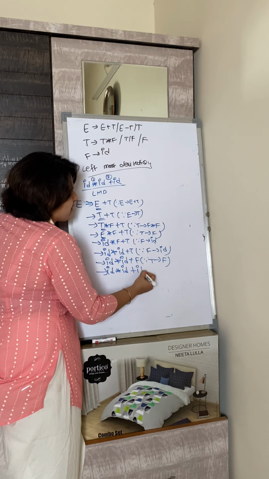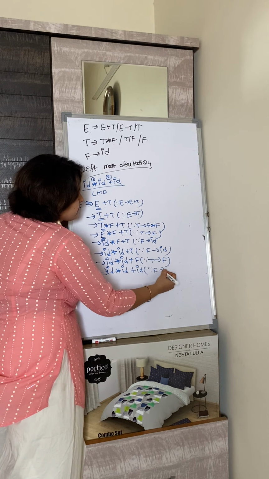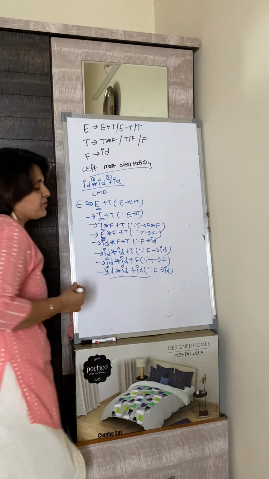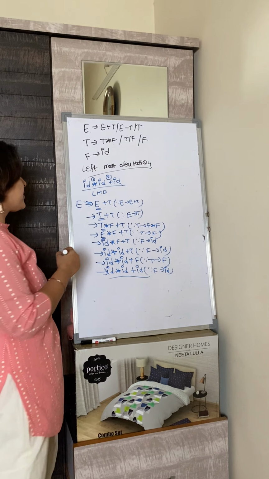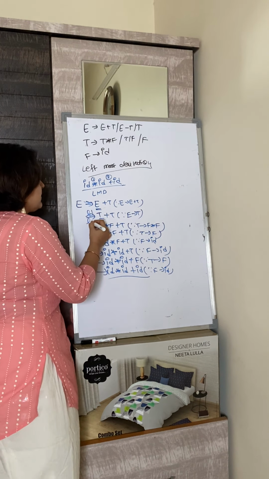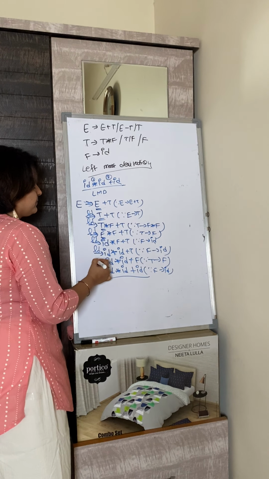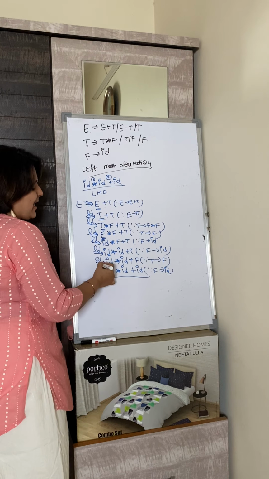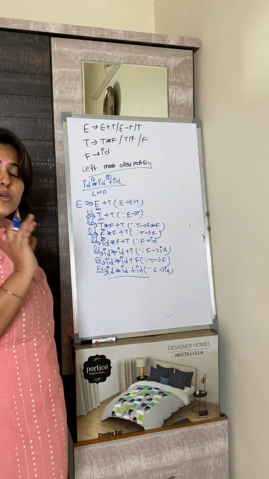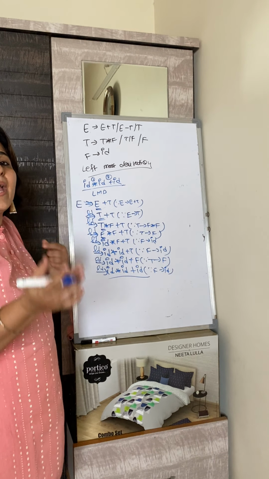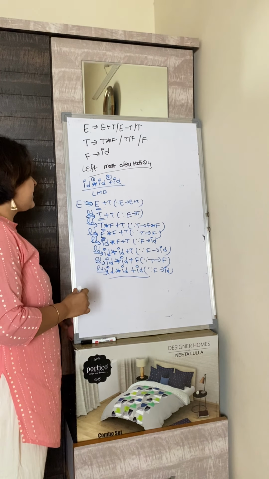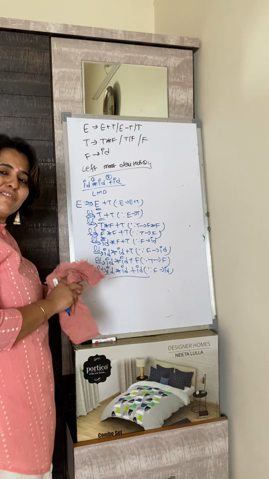ID plus F derives ID. Simple. We have achieved this leftmost derivation, right? You can write over here leftmost derivation. LD or LM, anyone can be written. Either you can write LD for leftmost derivation or LM for leftmost, that can be written over here. Let us take one more example so it will be more clear.